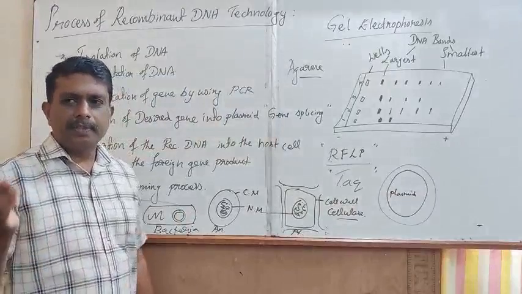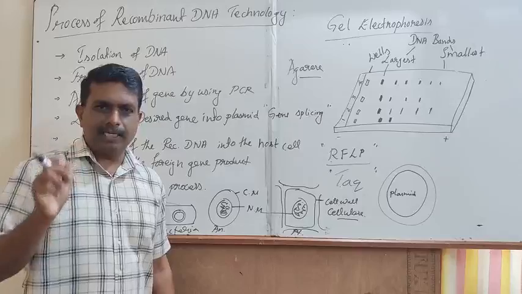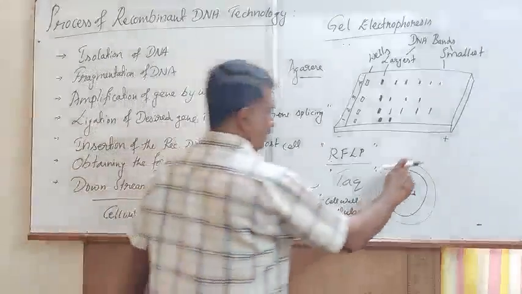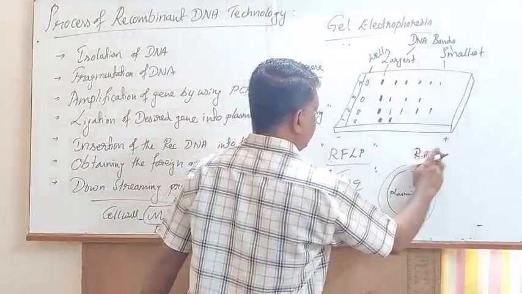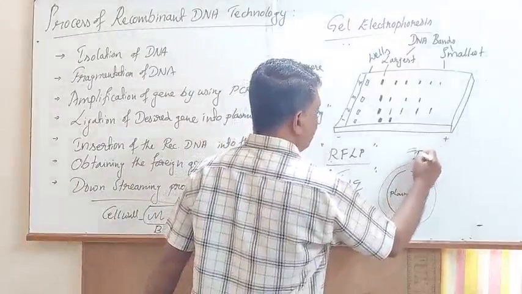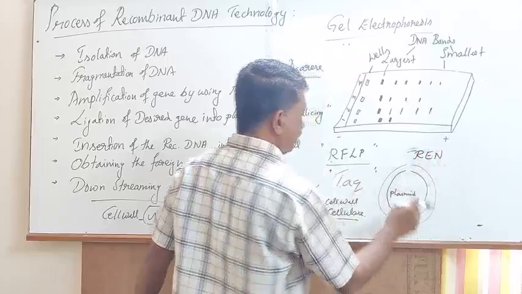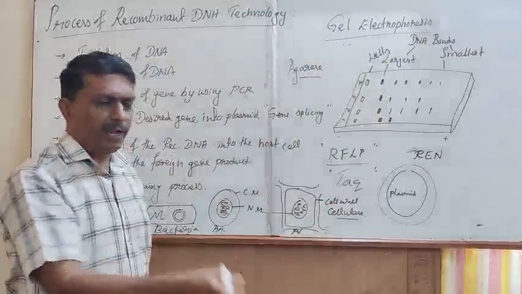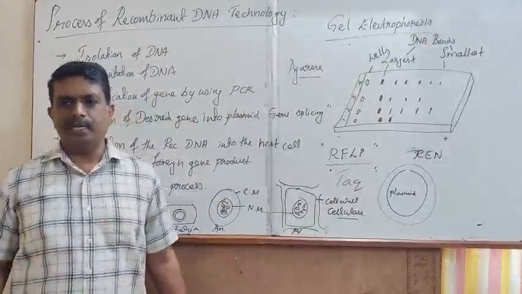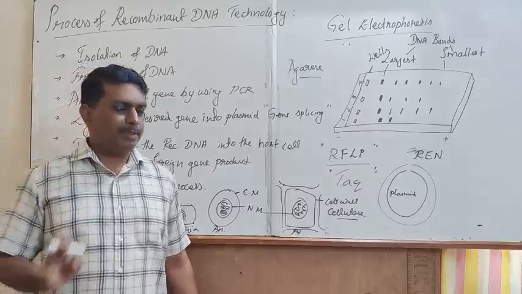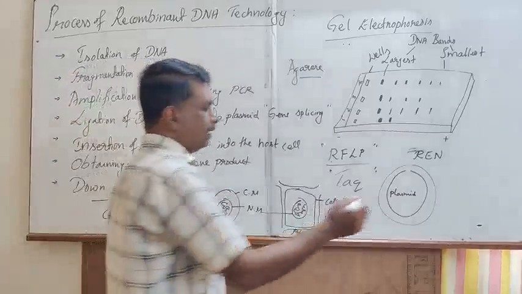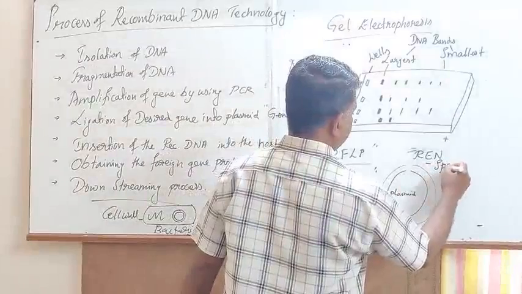Once the suitable plasmid is selected, it is treated with restriction endonucleases. As a result of restriction endonuclease treatment, the plasmid DNA is broken and opened at a specific site.